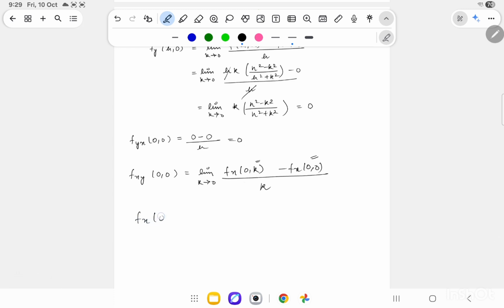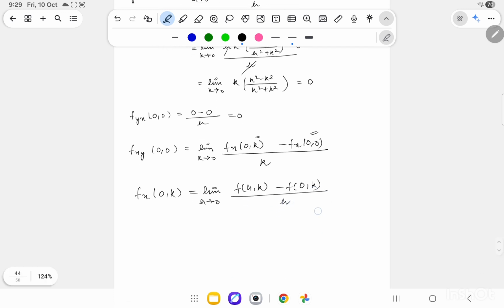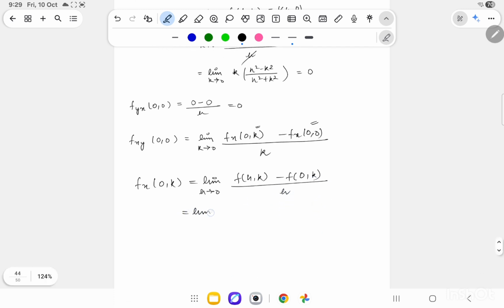So f_x(0,k) will be equal to the limit as h approaches 0 of [f(h,k) minus f(0,k)] divided by h, and it will be equal to the limit as h approaches 0 of hk(h² minus k²) divided by (h² plus k²), minus f(0,k), which will be 0 only, divided by h.